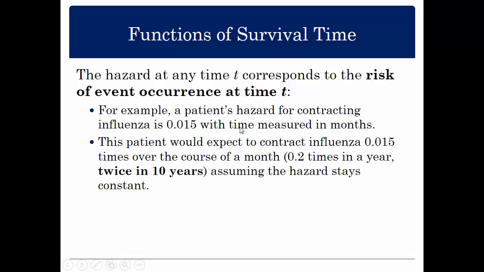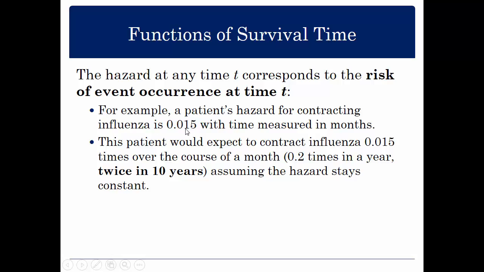And the unit of measurement of time is in months, not in days or years, but in months. Then I can convert this by multiplying, for instance, by 12 to get a hazard for a year, or I can multiply that by 10 to get what would look like a hazard for a decade. And it's a little bit easier to see in terms of decades because the hazard is so small.